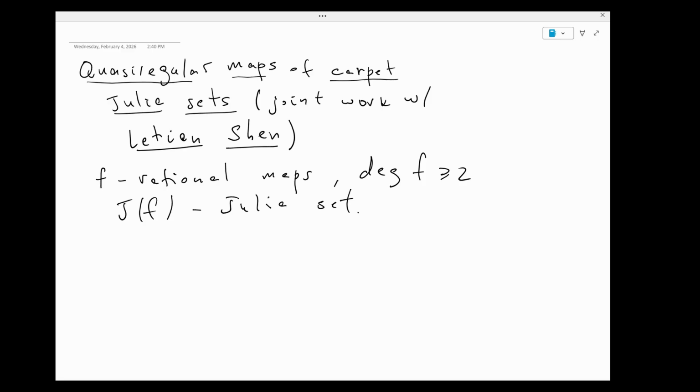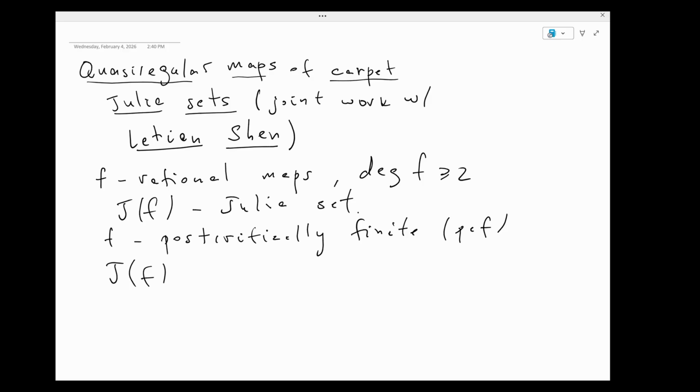I will also assume in pretty much all of this talk that my rational map will be postcritically finite, which I will abbreviate as PCF. It just means that critical points have finite orbits, and almost the whole talk will be about Sierpinski carpet Julia sets.